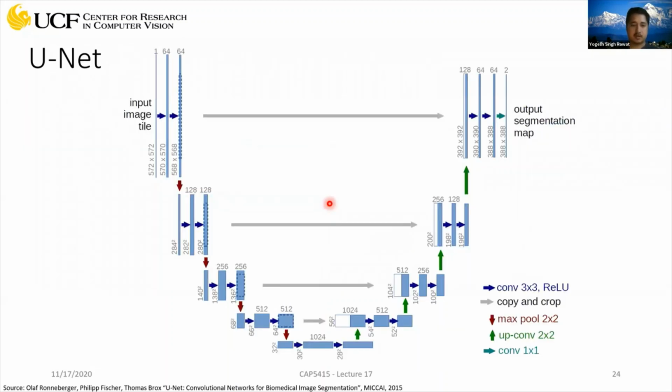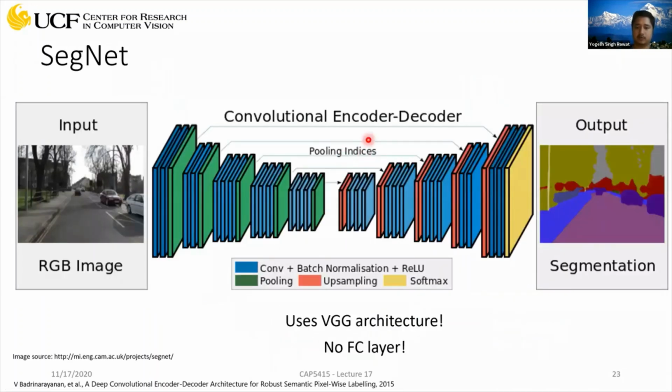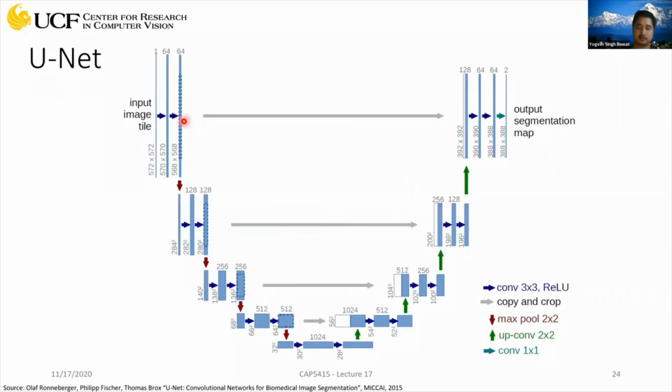Okay. Then this was another interesting architecture. Most of the time what we do is we take a combination of this UNet and this SegNet. So we don't perform this pooling of indices. We just take the features as they are, and instead of unpooling, we do upsampling, right?